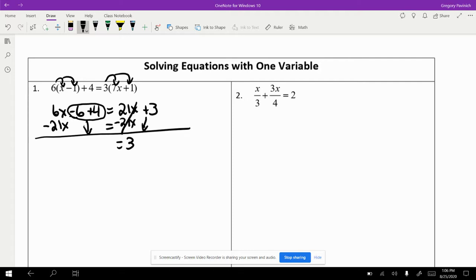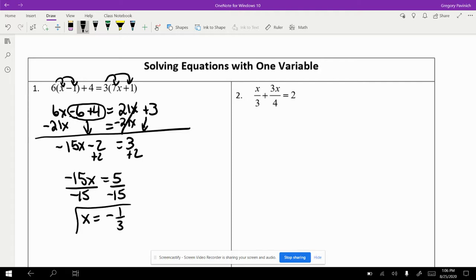I could get -2, and then I can get -20. This should be -15x, and then I'm going to add 2, get -15x = 5, divide by -15, and I get x is equal to -1/3.